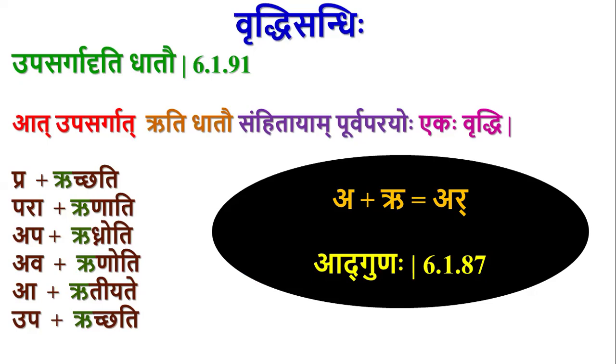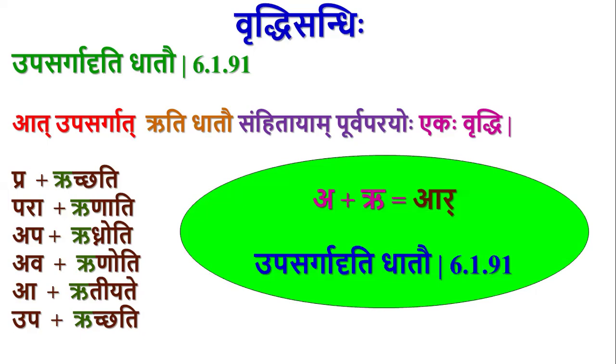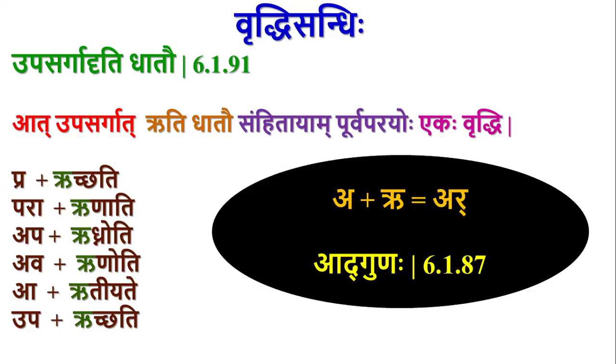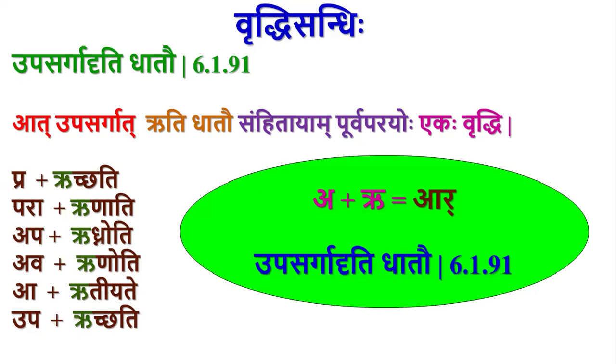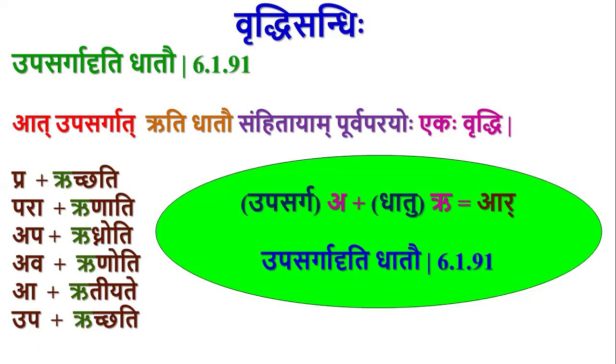But instead of gunadesha, vruddhi adesha is mandated by this sutra. So ad gunah is blocked by upasargad dhruti dhatau. So a plus ru, vruddhi adesha. So vruddhi is a dirgha by uran raparah. That repha comes along with that a dirgha a. So a plus ru is equal to ar by upasargad dhruti dhatau.